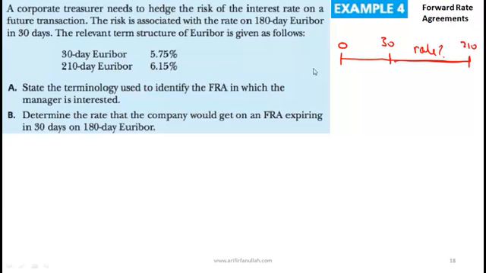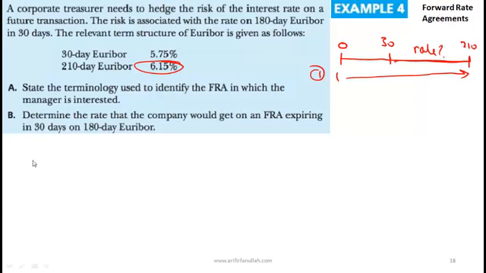The way we do this is, you can use two possible strategies for investing $1. So imagine $1 of notional principal. If you invest $1 over here for this entire 210-day period, what rate will you use? The 210-day Euribor.